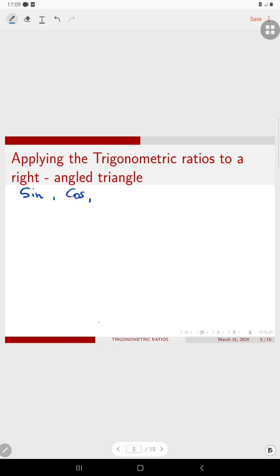I'm using their short forms, but let me write them in full: sine, cosine, tangent. On your calculator, you don't see the full naming, you see the short forms, so I'll stick to the short ones.